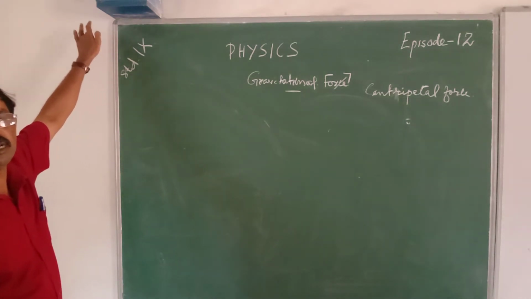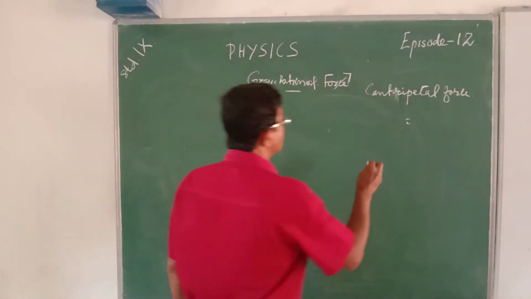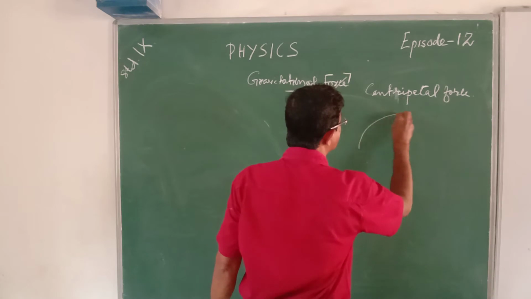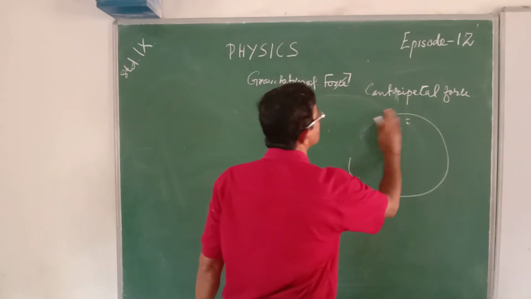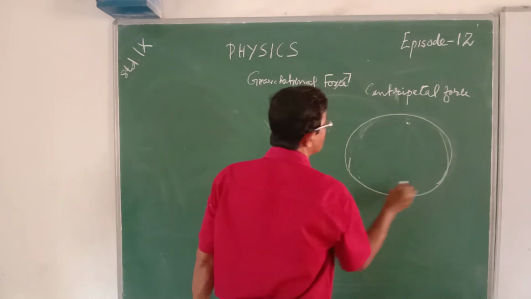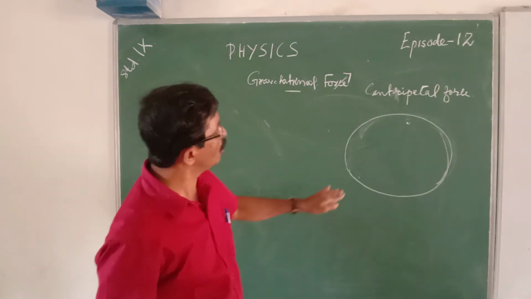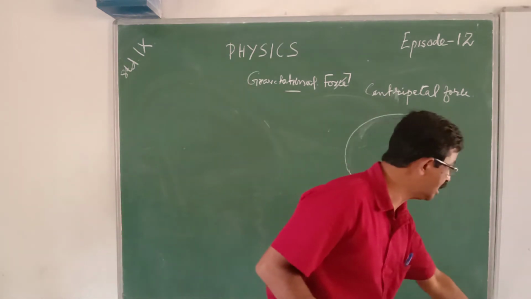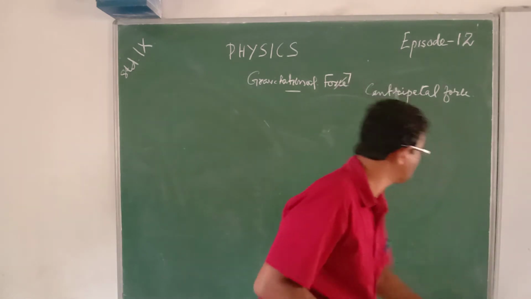The first law says that all planets move around the sun in an elliptical orbit.